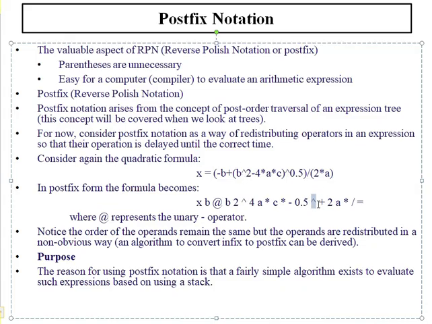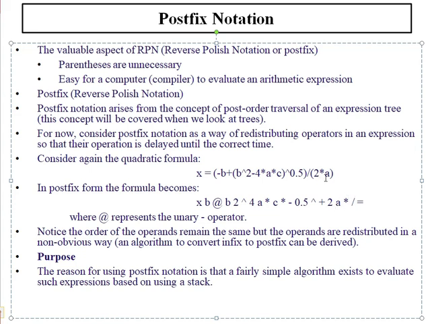That's why we assign it after 0.5, and this plus is applied between minus B and this part, so that's why we put the plus here. And 2 over is applied on this whole part and the product of 2 times A, so we should put it after this one, and 2, then A, then star.